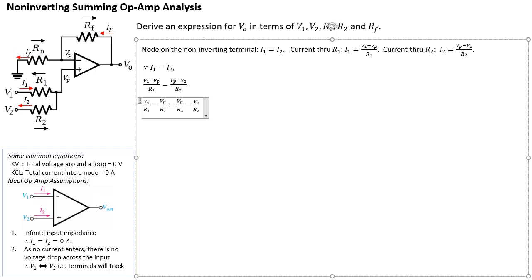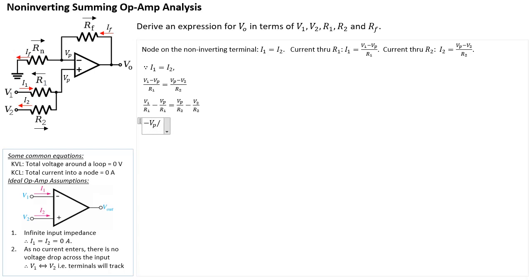Now we bring the VPs together. So we have a negative VP over R1, and this other VP divided by R2 we put to the left, so it becomes a minus VP over R2.